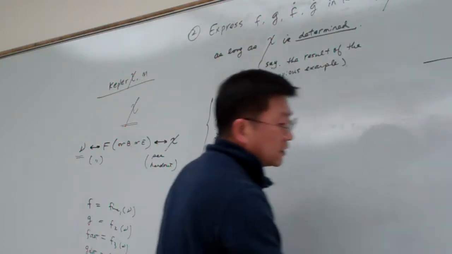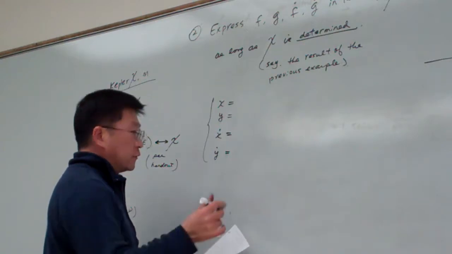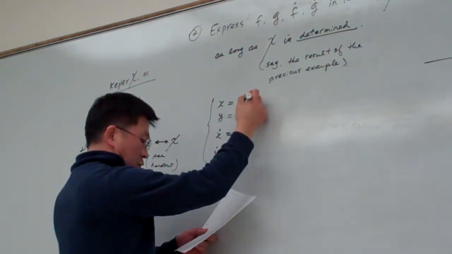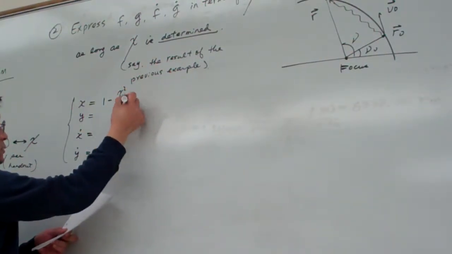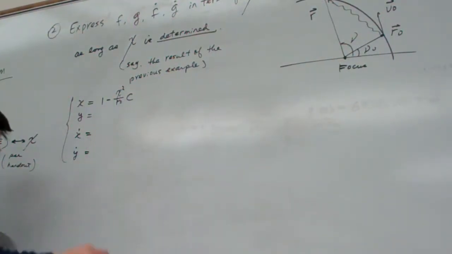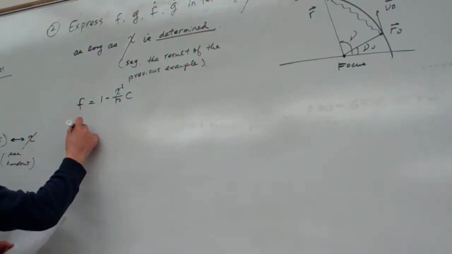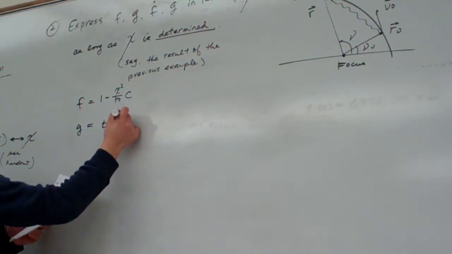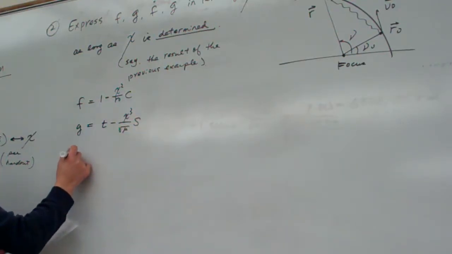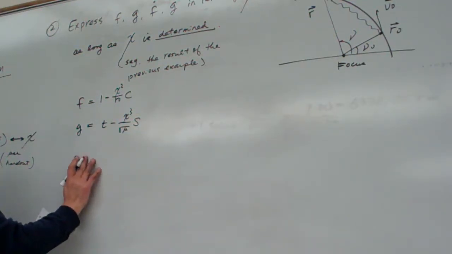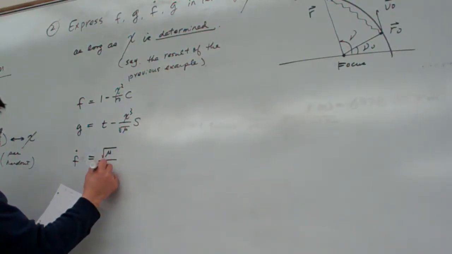And this one again is on the handout, and let me write up the result for you first. So x will be equal to x squared divided by R0C. And again, this one is on your handouts.